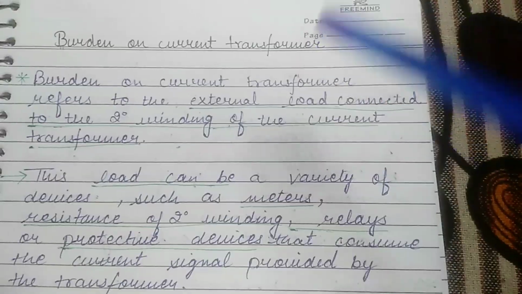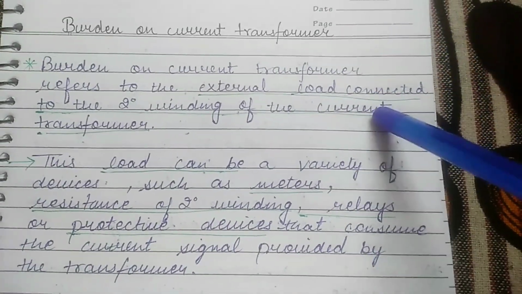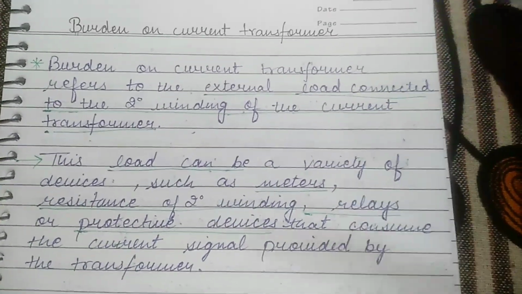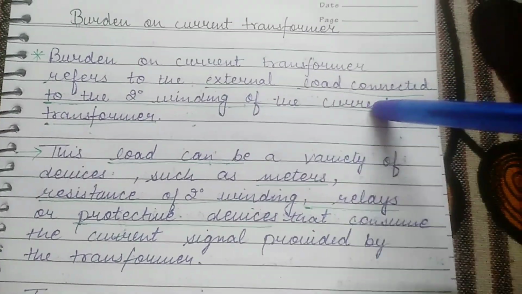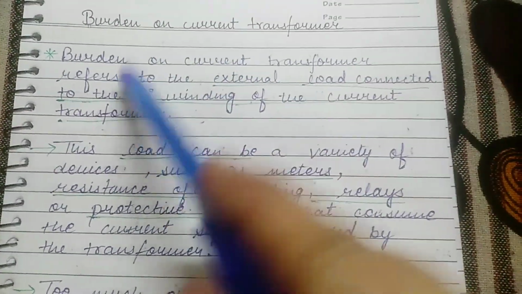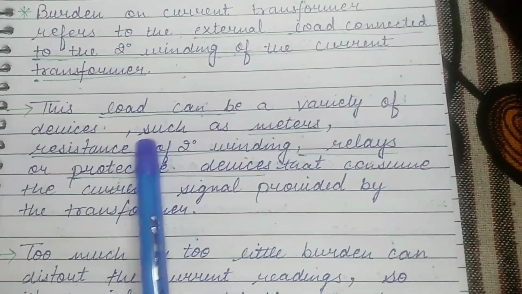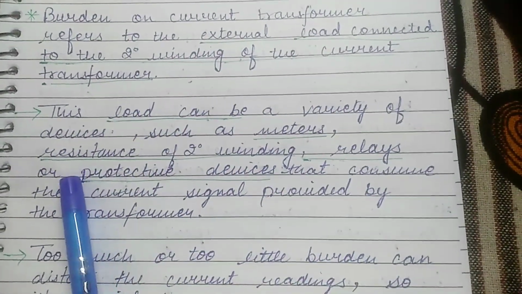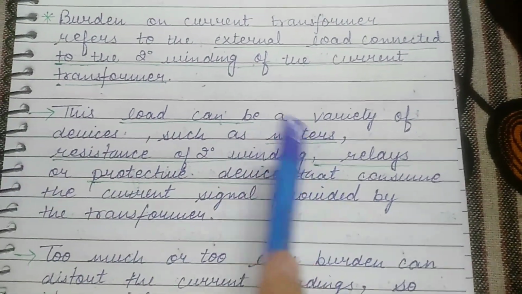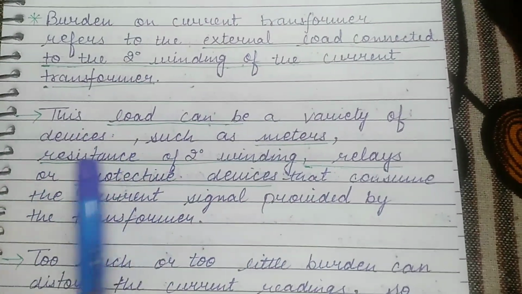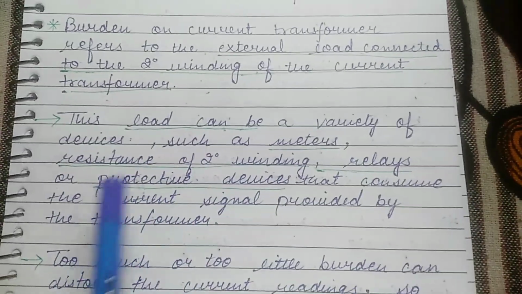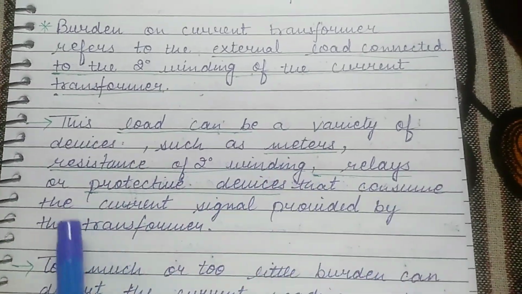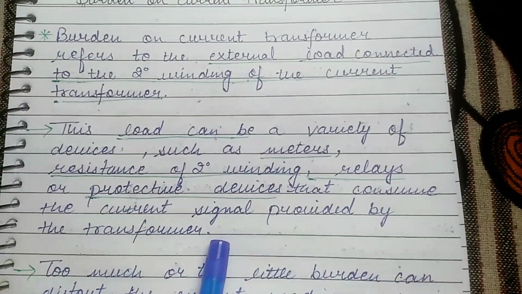To ensure accurate measurements, it is important to match the burden, that is the external load connected to the secondary winding. In technical language we call it burden. This load can be a variety of devices such as meters, as we have seen the ammeter, resistance of the secondary winding, relays, or protective devices that consume the current signal provided by the transformer.